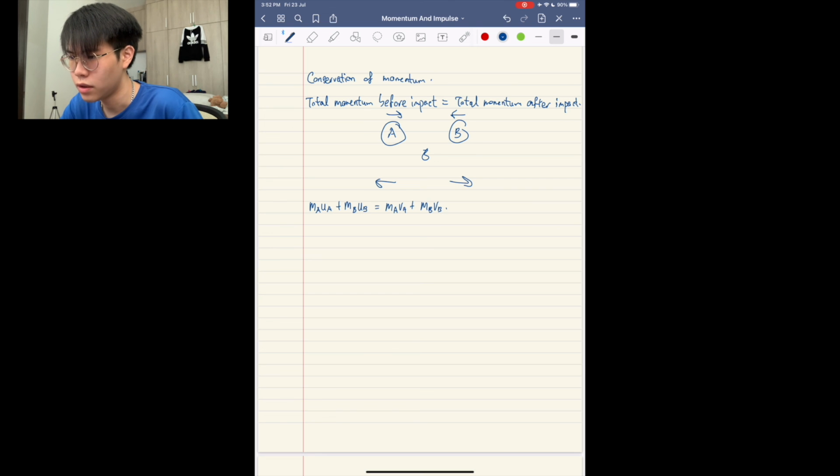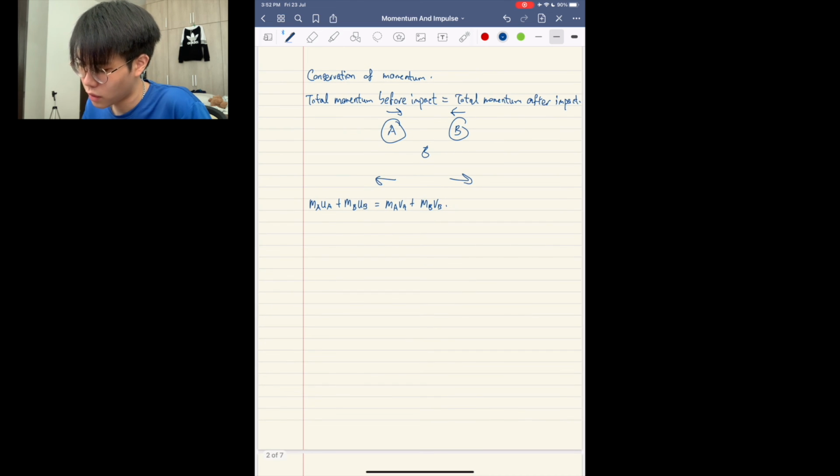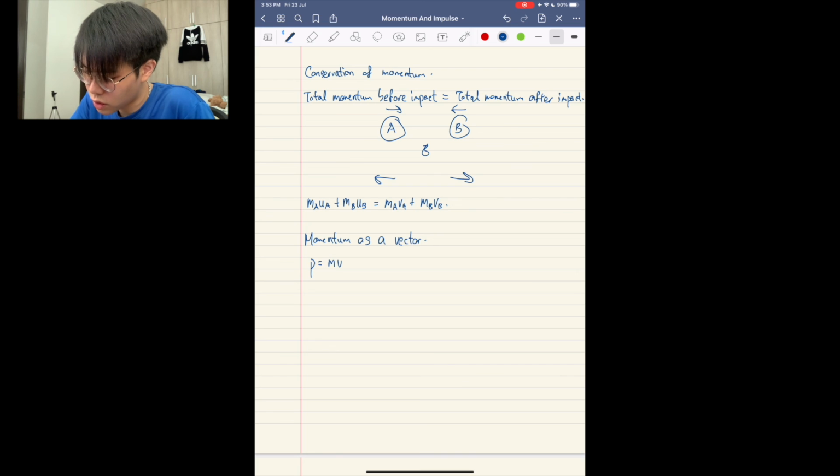Momentum can happen in 2 dimensions too. If you need to do the calculation in 2D, we need to use something called vectors. If we do momentum with vectors, it's actually not as complicated as you think, because the formula we use is still the same.